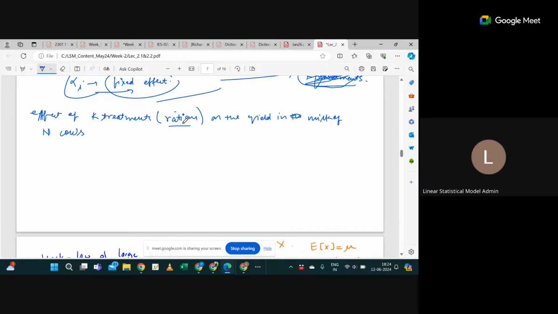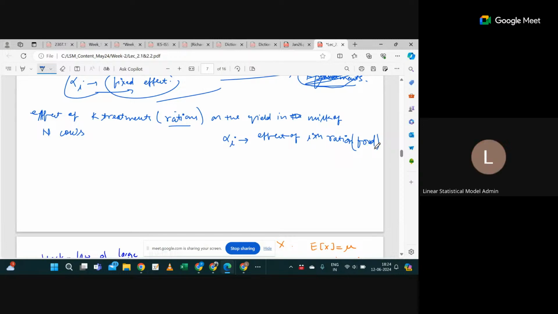Now, what will be the role of this alpha i? This alpha i will stand for the effect of your ith ration, or let's say ith food. Are you getting this so far? Yes.